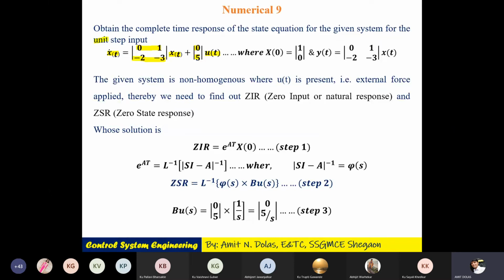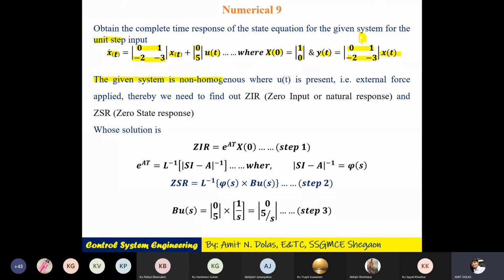This is a unit step, where the initial state x of 0 is [1; 0]. Y of t is the output vector [0 1] into x of t. So we'll go through that.